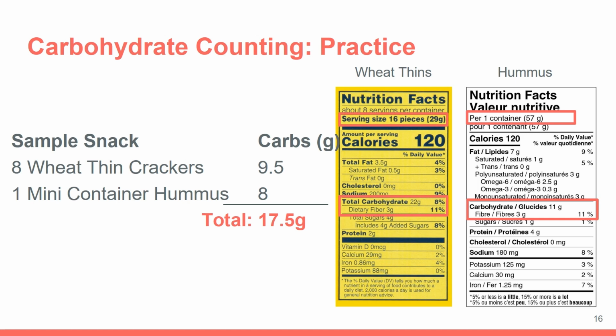So we take our total amount of carbohydrate per serving, which is 11 grams, and we will subtract the amount of fiber per serving, which is 3 grams, and therefore there is 8 grams of available carbohydrate from the hummus. So now we will add the available carbohydrate from each snack component to get the total available carbohydrate from the snack, which is 17.5 grams.